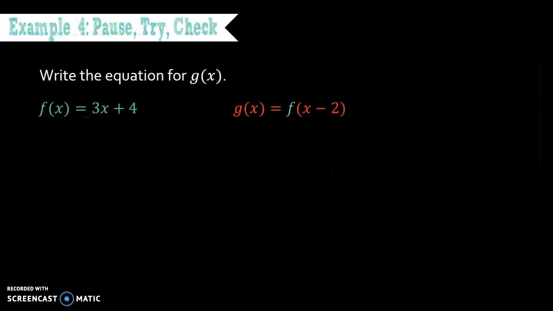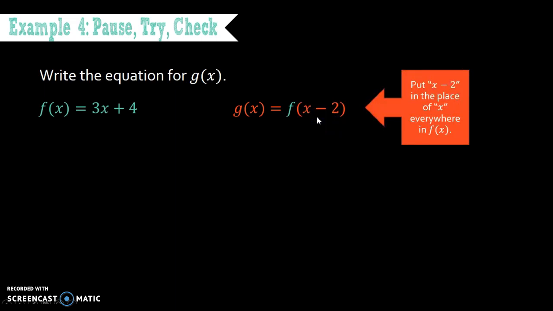You can pause and try this one. We know that f of x, our original function, is 3x plus 4, and then g of x, our function rule, tells me to take my original function, and I'm going to use x minus 2 as my input. Put x minus 2 in the place of x everywhere in your original function.